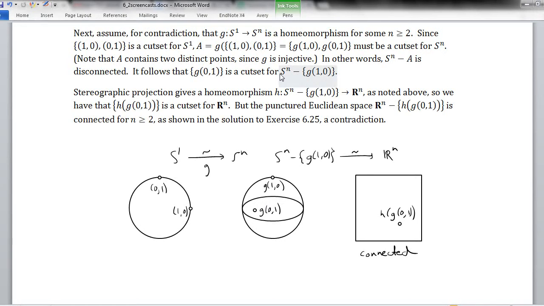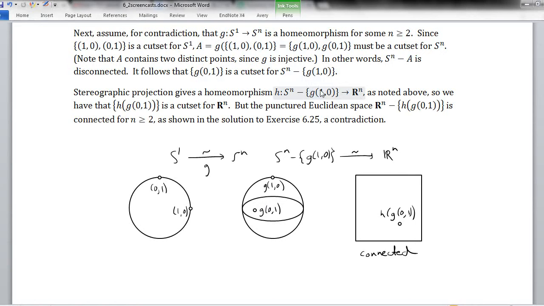Because if you take that space and take away this point, you have the same thing you had up here, Sn minus A, so it's disconnected. All right. So how are we going to get a contradiction from that? Well, this punctured sphere, as we noted above, is homeomorphic to Rn, okay, by stereographic projection.